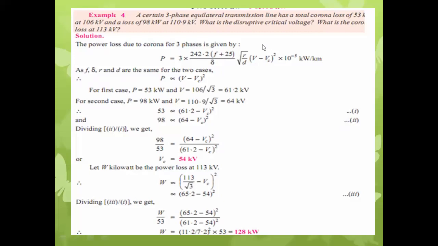Now just multiply with 98 into the bracket, or first of all solve that bracket. Afterwards multiply with 98 and 53.